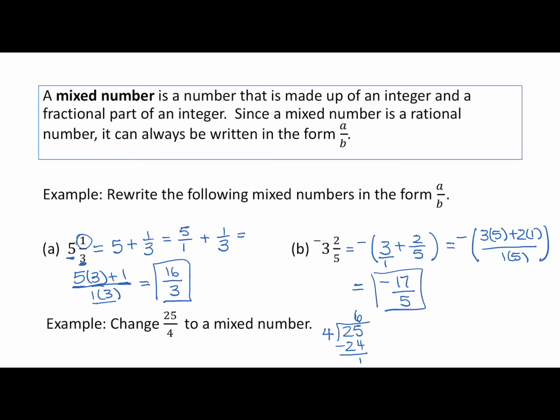So I could think of 25 fourths as 24 plus 1 over 4, which is the same as 24 over 4 plus 1 over 4, which is 6 plus 1/4, which we write as 6 and 1/4.